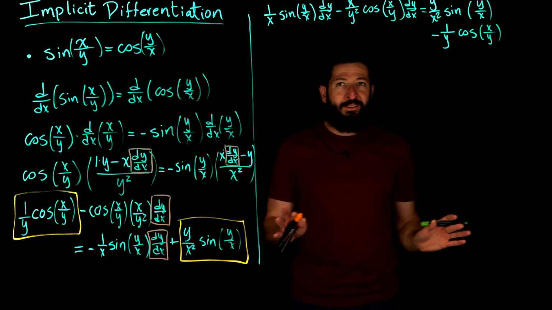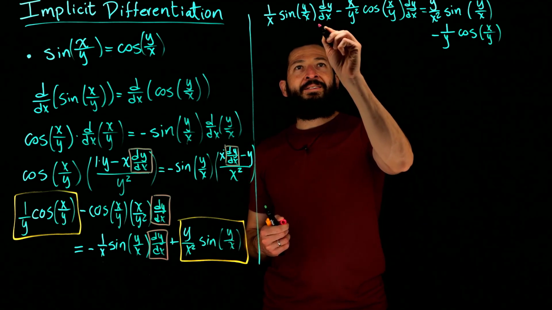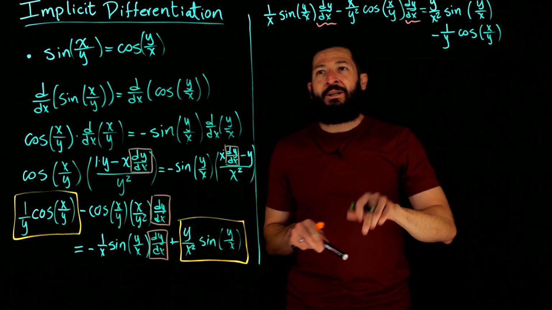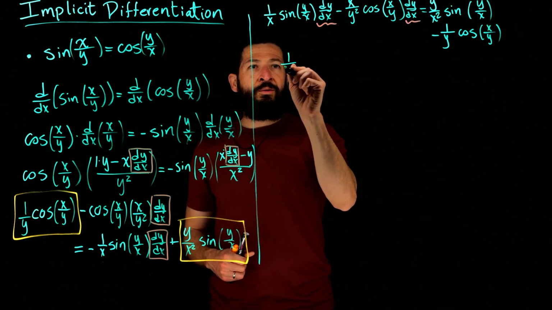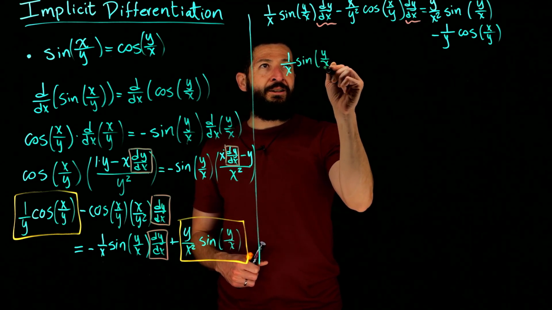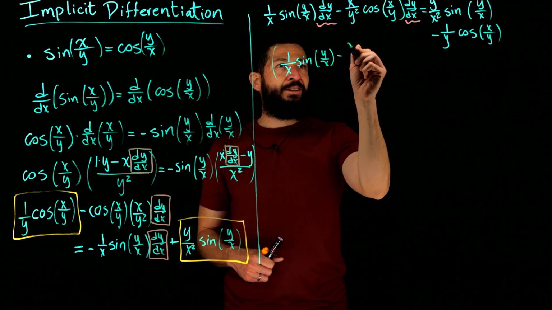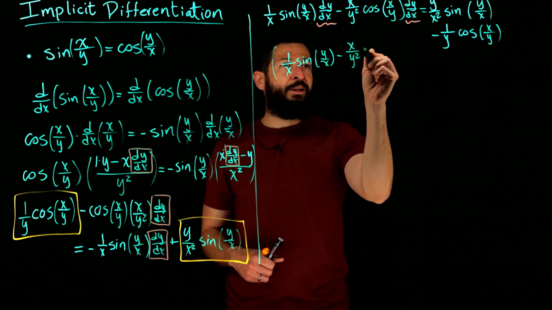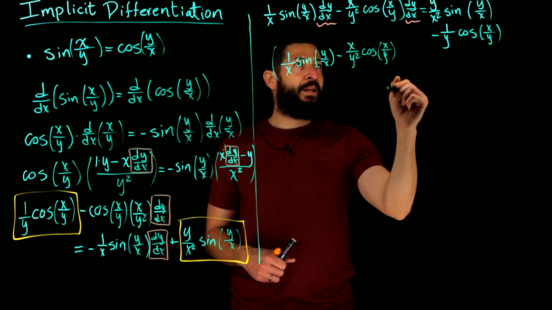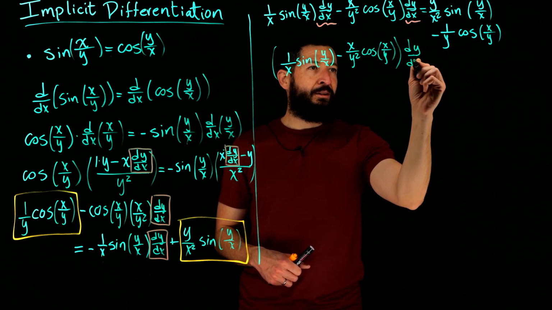Okay, so this is starting to look a little bit better, even if you don't believe me, because now I have dy dx together. So I can factor that guy out, and I'm going to have 1 over x sine of y over x, minus x over y squared cosine of x over y, the whole thing multiplied times dy dx.